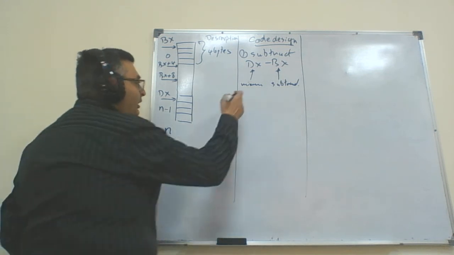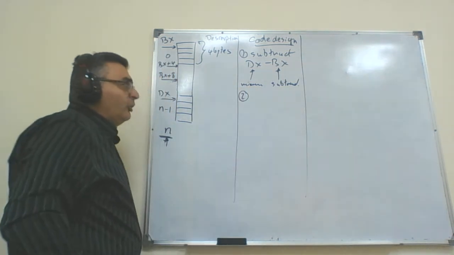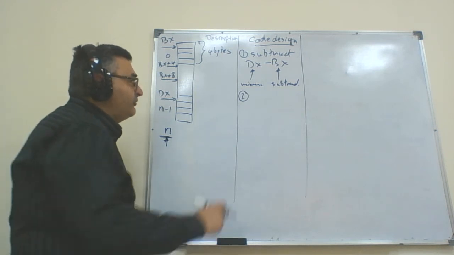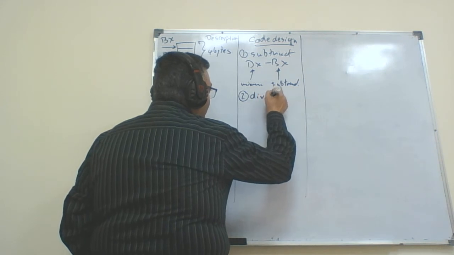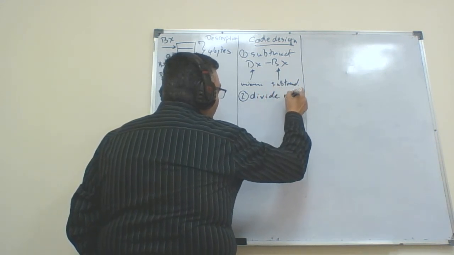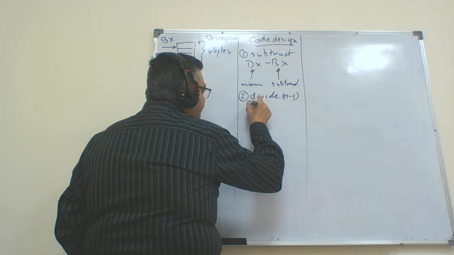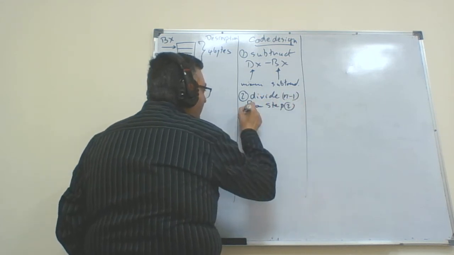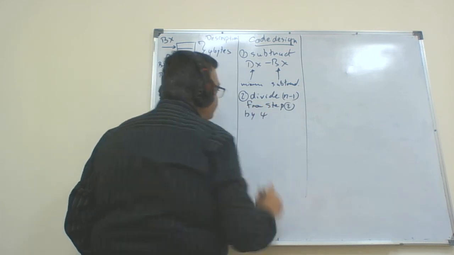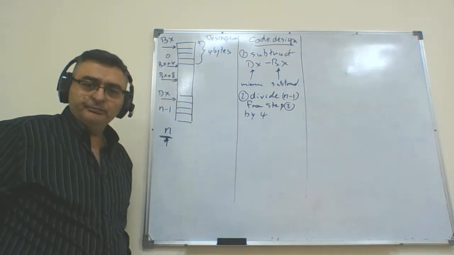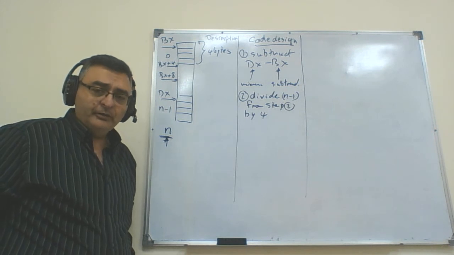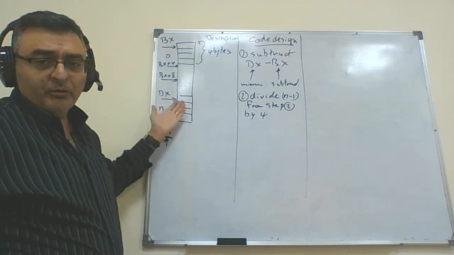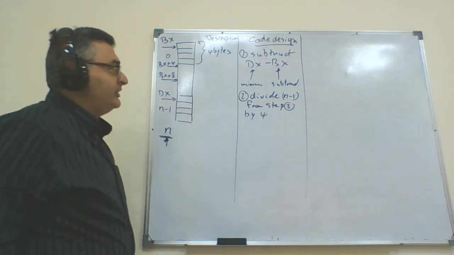Then, after this subtraction, in order to convert the number of bytes to the number of elements, I have to divide n-1 from step 2 by 4. This converts the number from bytes to the number of elements in the array.